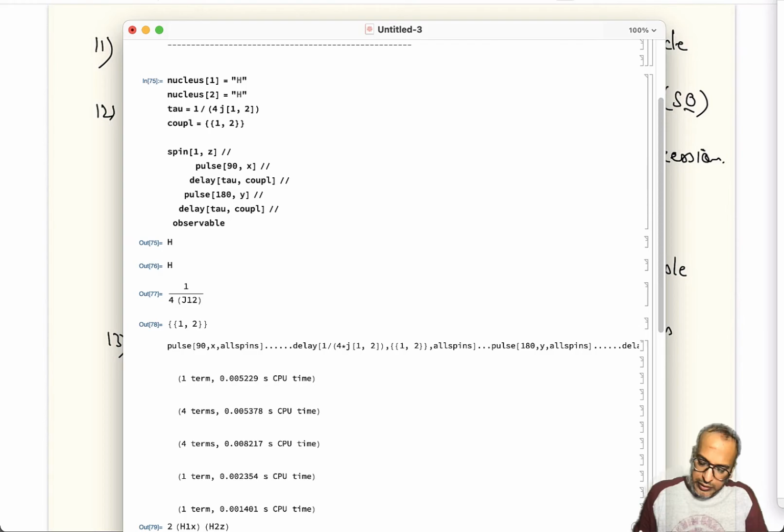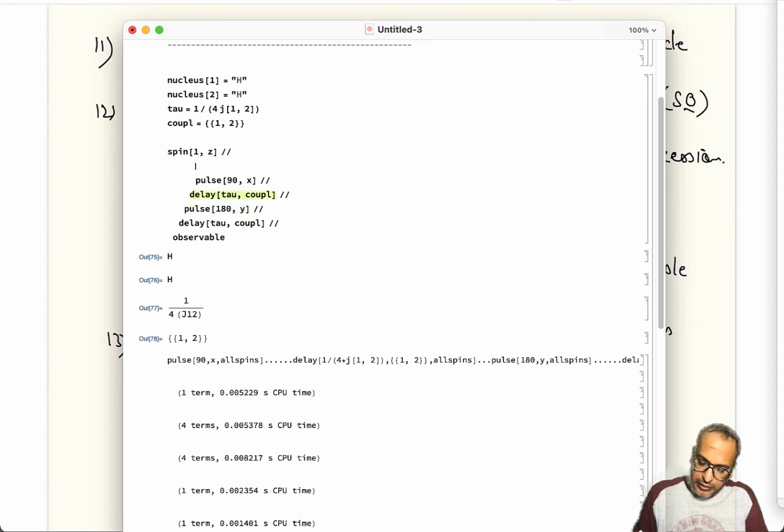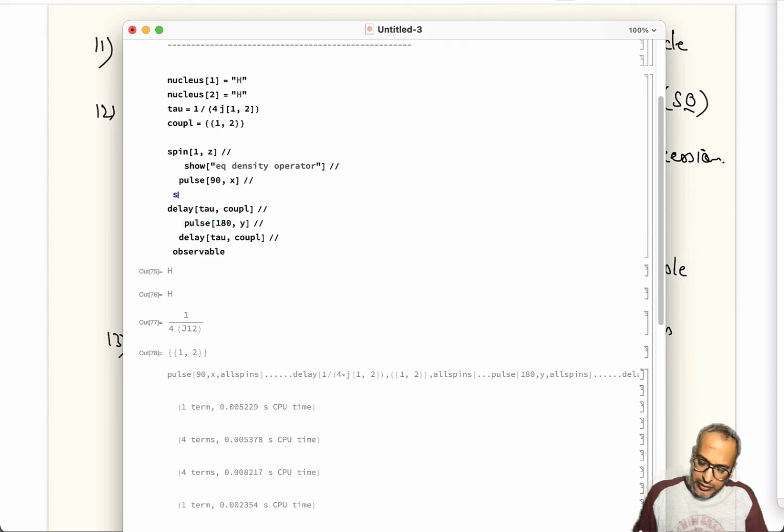So if you want to see how the density operator is evolving, what we can do is invoke the show command, and we'll keep on writing whatever we want in between. So for example, this is the equilibrium density operator, okay, and then again we will have a double slash, so show after 90.